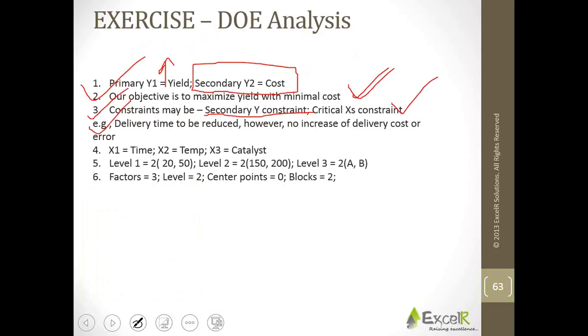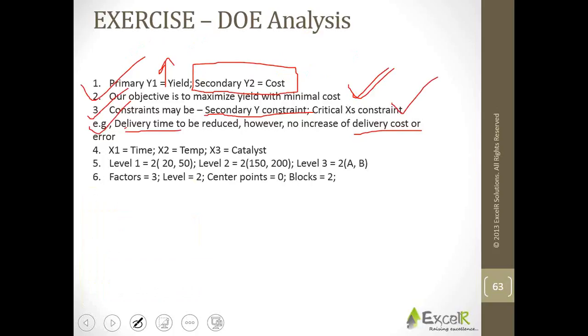This is a critical example. Delivery time: I want to reduce the delivery time. However, I do not want to increase the delivery cost. If Flipkart or Amazon or eBay is trying to ship goods to my home, and if they want to reduce the delivery time, they might probably hire more people.